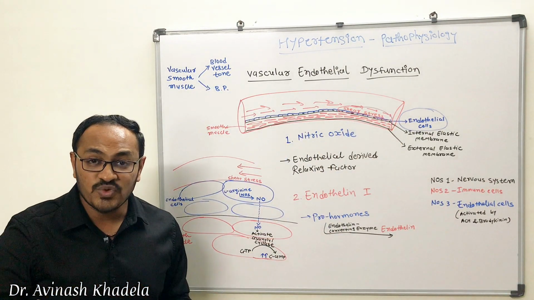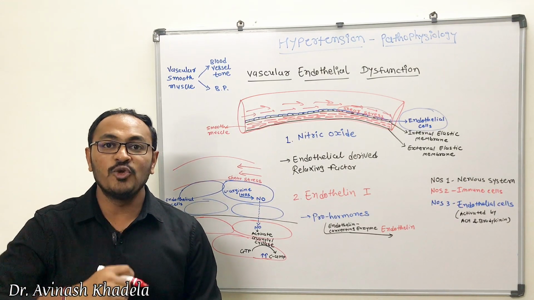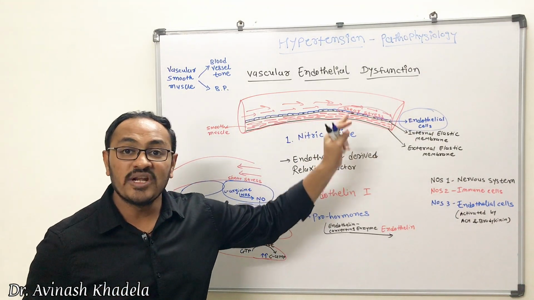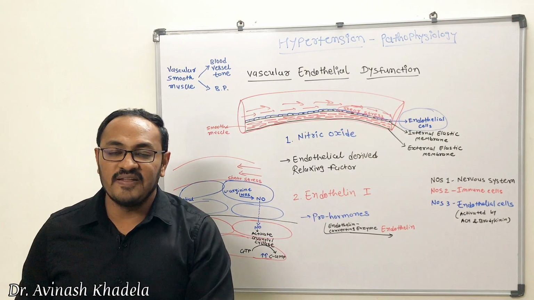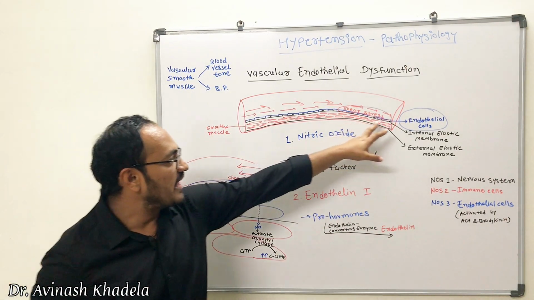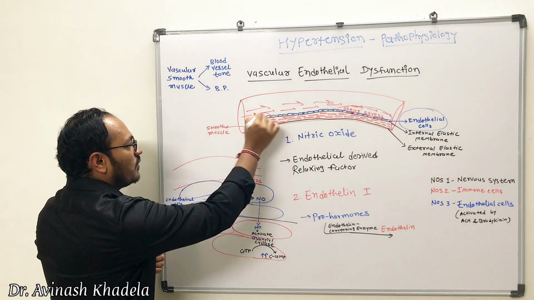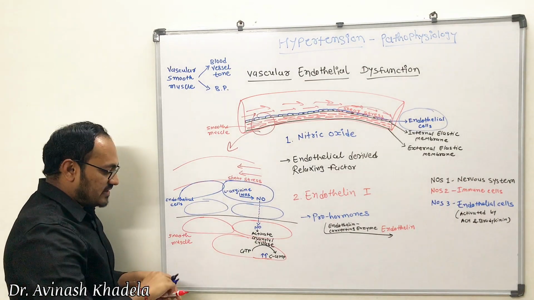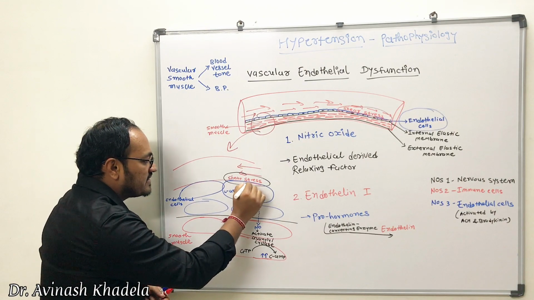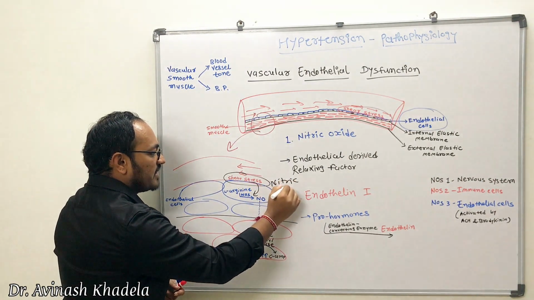This shear stress, generated because of the high flow of blood inside the lumen of the artery, stimulates the endothelial cell to release certain substances in the blood or in this particular local area. If I zoom in on this part, when there is high shear stress, there will be release of nitric oxide synthase.